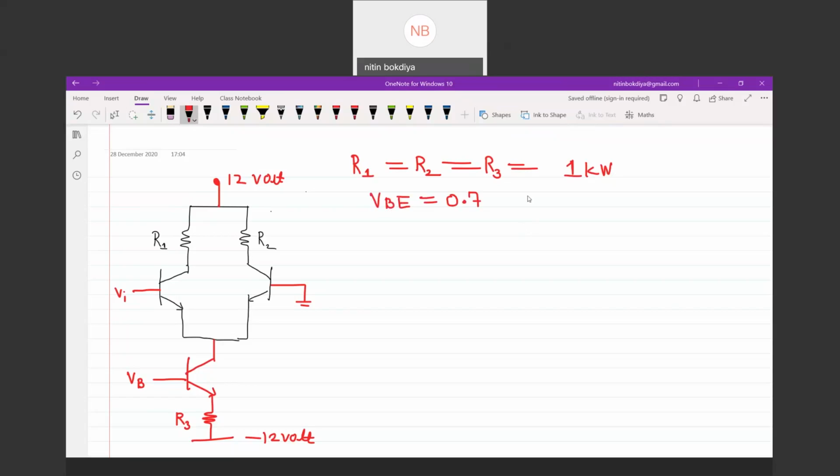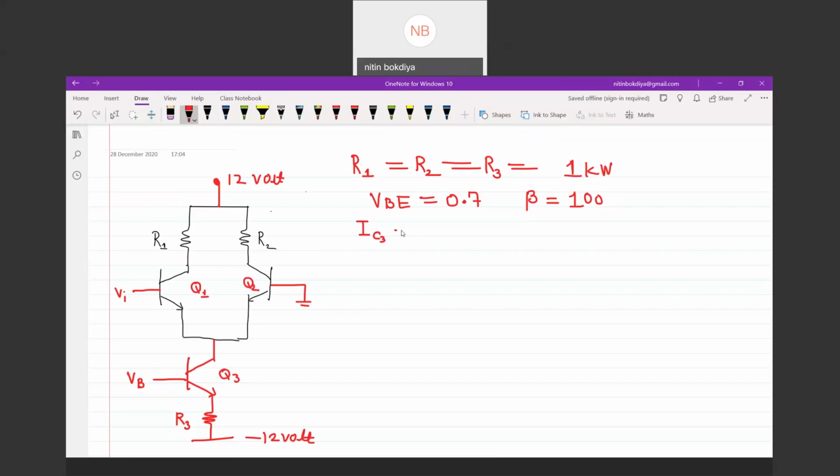Beta for the circuit is equivalent to 100. And the collector current of transistor Q3 is 2 milliampere. This is Q1, this transistor is Q2, and this transistor is Q3.